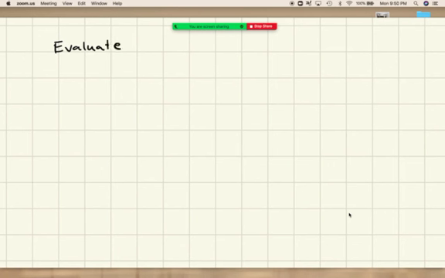So evaluate. Let's say y equals 2x minus 3 at x equals 7. So this is one type of problem that they might give you.